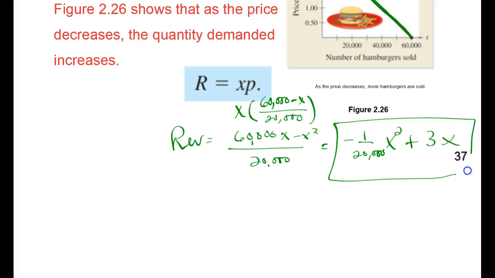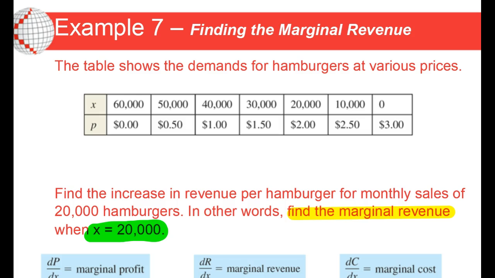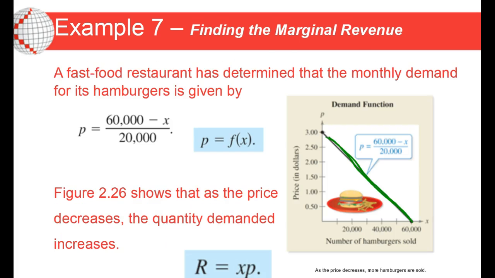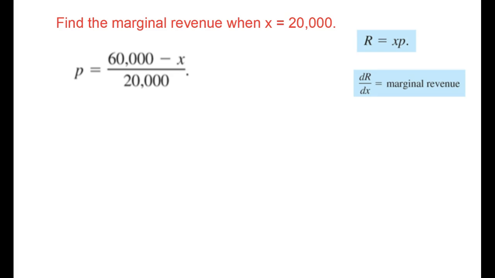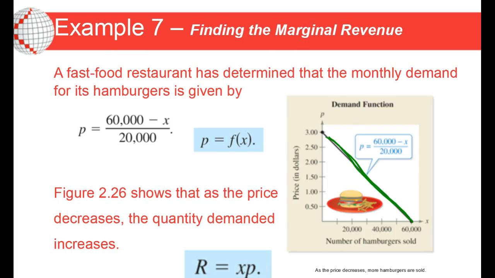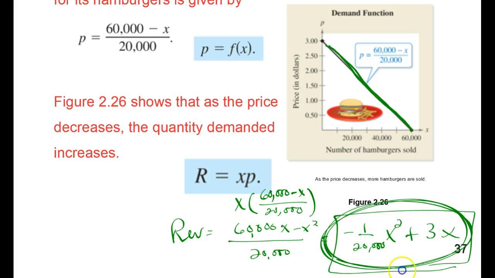So you could use any one of those equations, but that's my revenue. Keep in mind, this is my revenue because I'm going to be using this information in the next few moments, but I'm going to have to remember that the revenue is this amount.